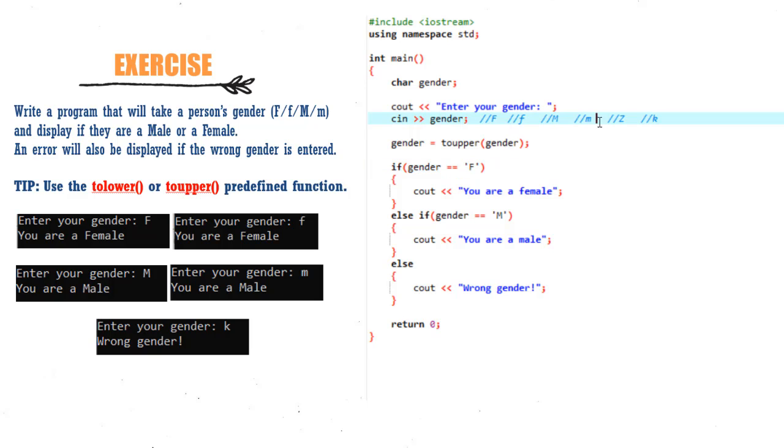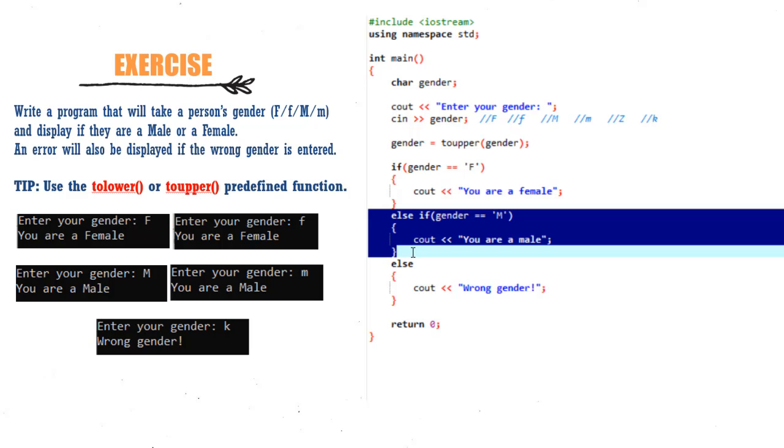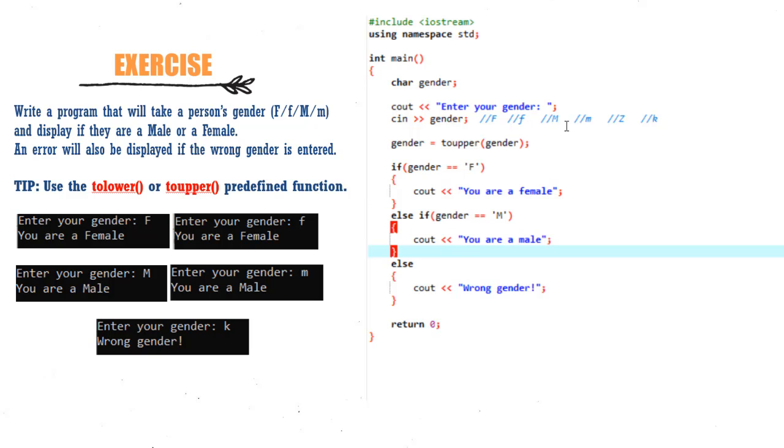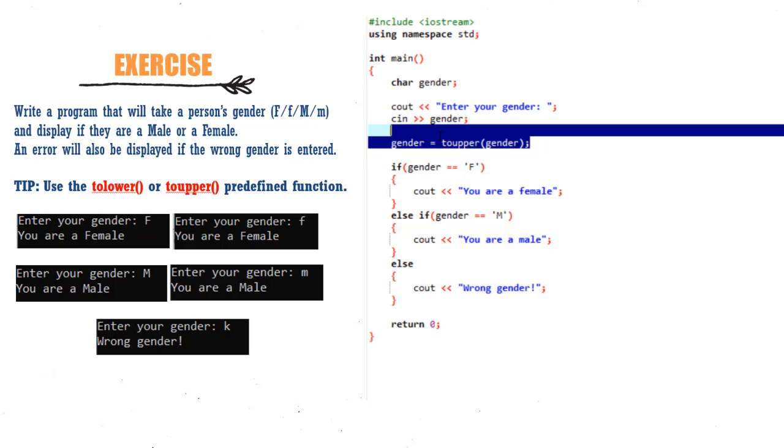If the m is in lowercase, it will store the uppercase version, so basically this condition will be true in the end. All right. So this is how you can solve this problem, for you to convert from one case to another case.